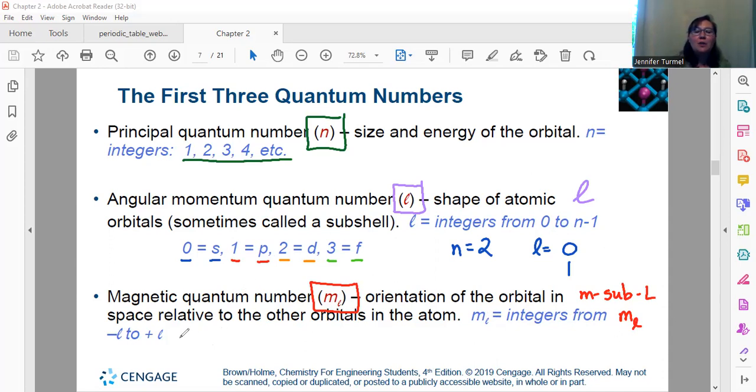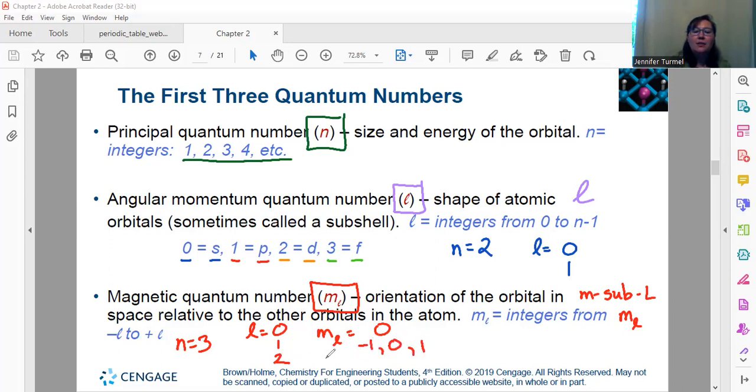So for example, let's say that we have n equal to 3, and then we have L values of 0, 1, and 2. And that means that when L is 0, our M sub L value is going to be 0. When L is 1, our M sub L value is negative 1, 0, and 1.